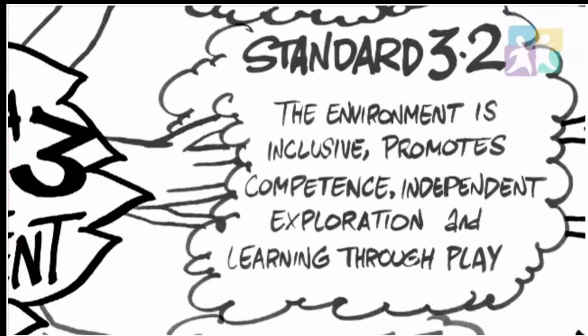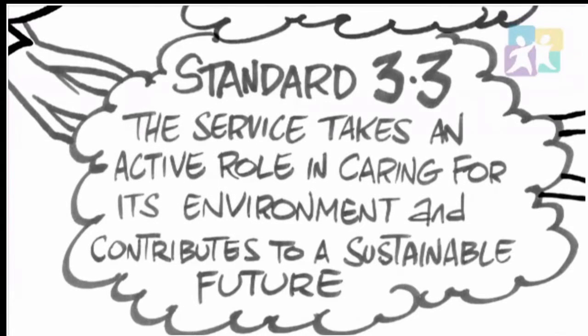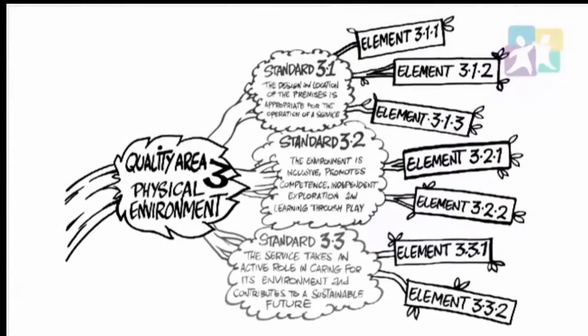Standard 3.2 is that the environment is inclusive, promotes competence, independent exploration, and learning through play. And Standard 3.3 is that the service takes an active role in caring for its environment and contributes to a sustainable future. Let's take a closer look at these standards one by one.